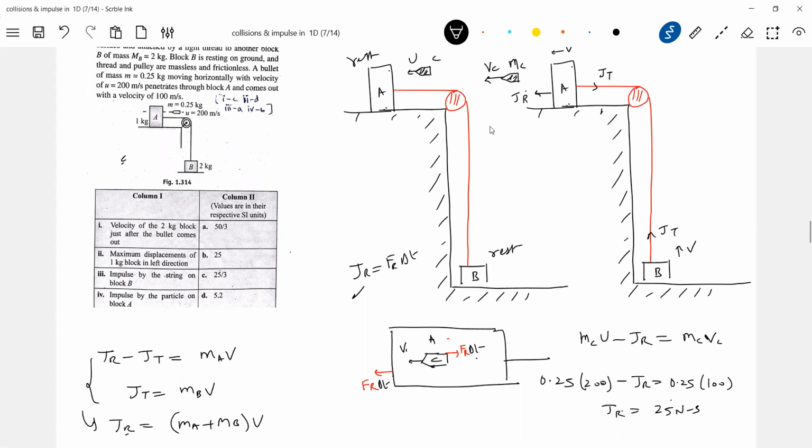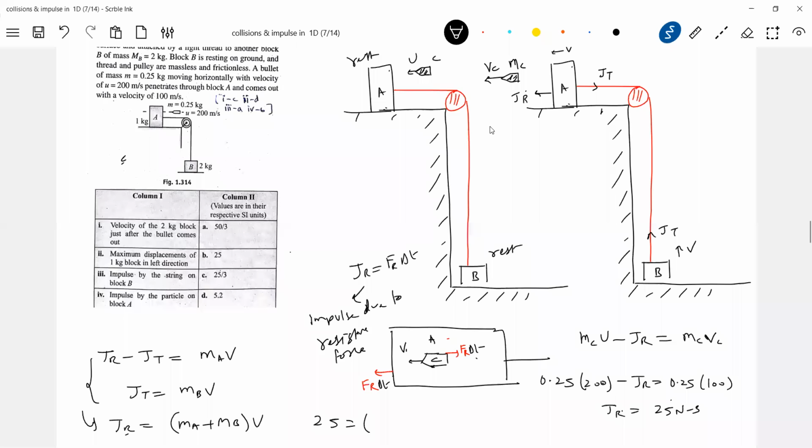So what is this? Impulse due to resistive force. So once again, impulse due to string, impulse due to normal contact, here impulse due to resistive force, what you have come across. What should be the value? 25 newton seconds. So let's substitute all.